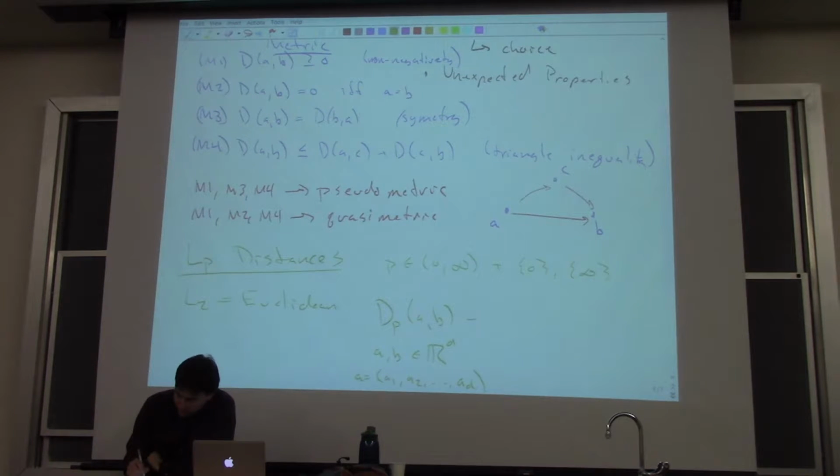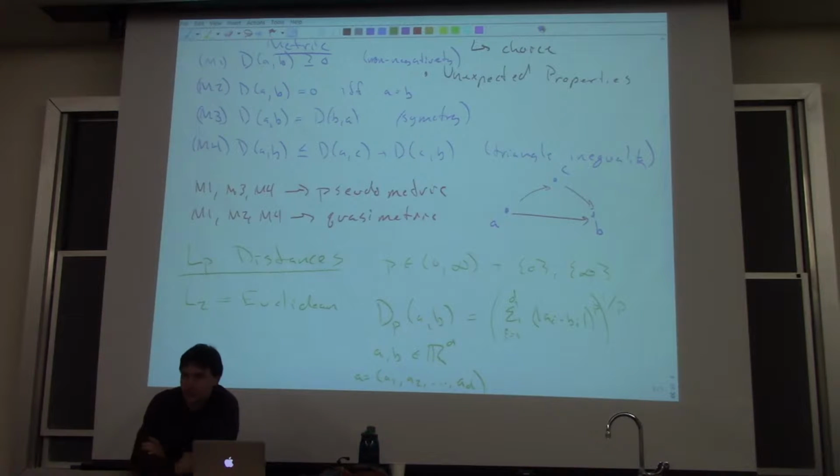And so then this distance is defined as the sum from i equals 1 to d of the absolute value of Ai minus Bi, to the power p, and then this whole expression to the 1 over p.